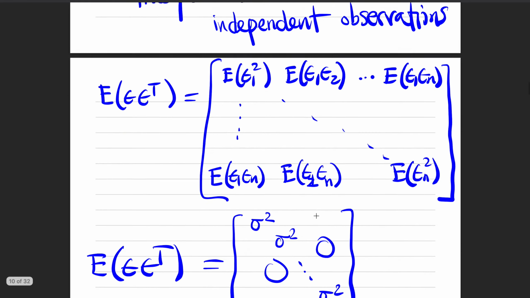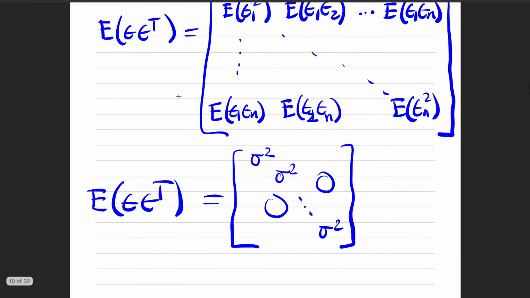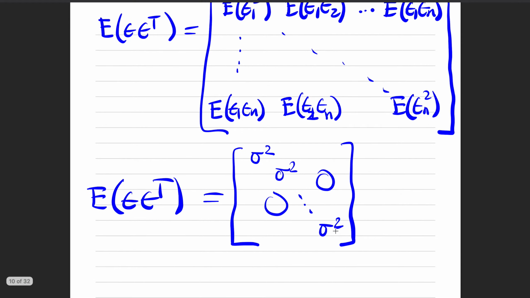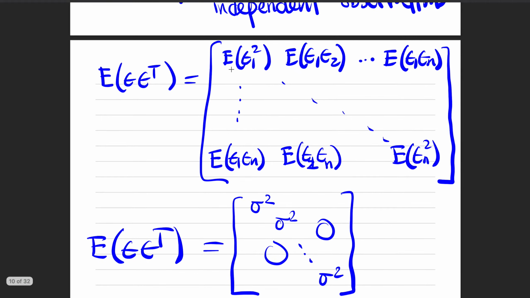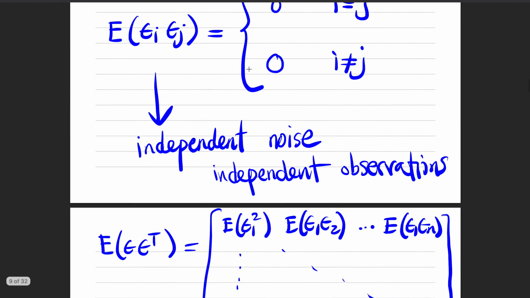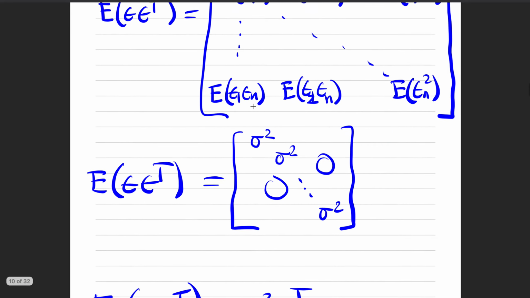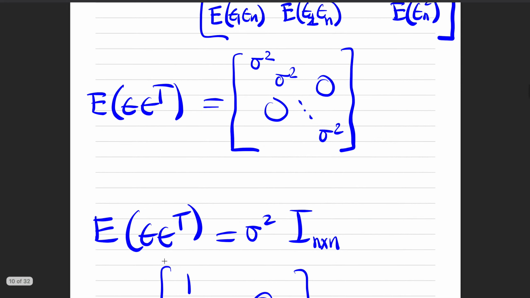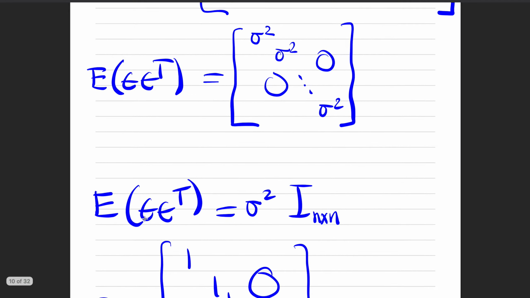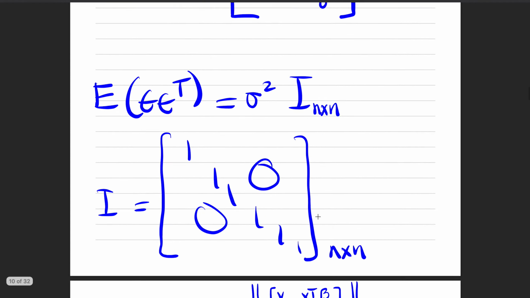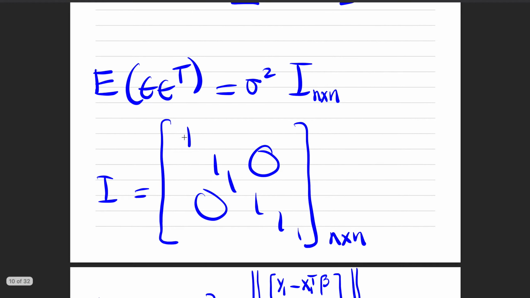So the covariance matrix is a diagonal matrix, where the diagonal elements, the expected value of epsilon 1 squared, are just sigma squared. Okay? So essentially, the covariance of epsilon is sigma squared I, where I, n by n, is the identity matrix: 1's on the diagonal, 0 on the off diagonals.